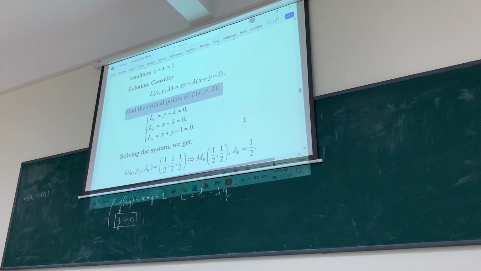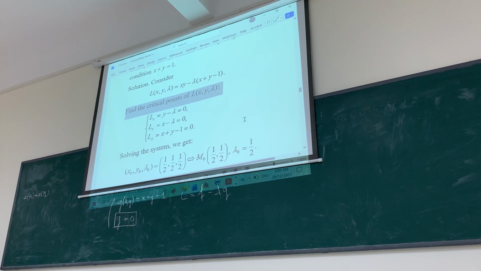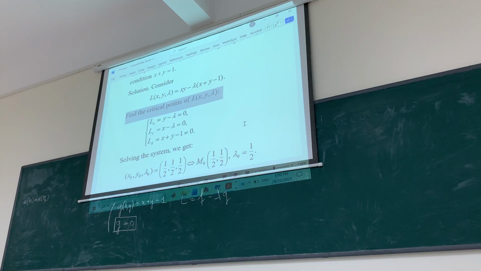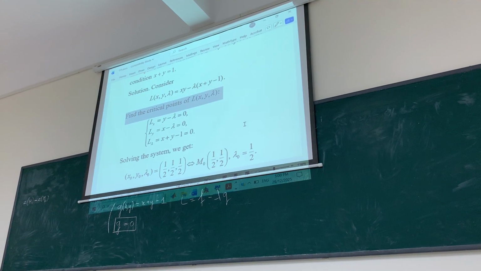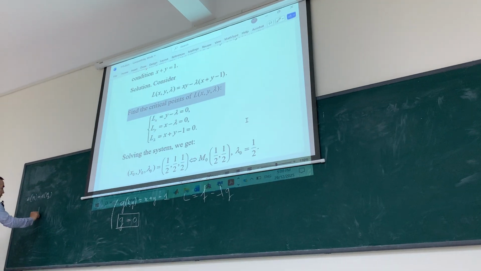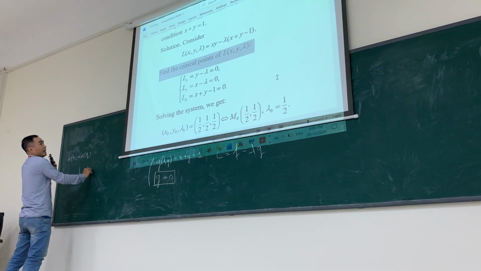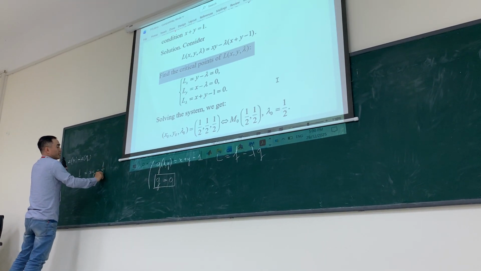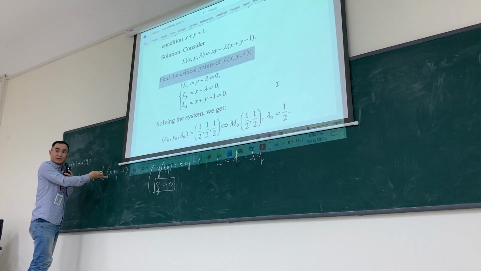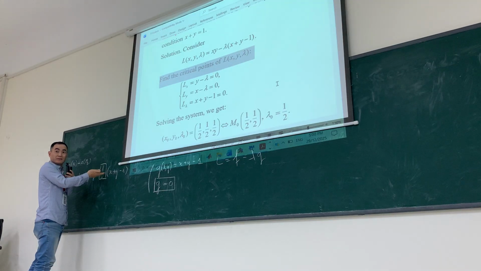Now, how do we evaluate this when we fix lambda 0? When we fix lambda 0, the function L will become xy minus 1/2 times (x plus y minus 1). We fix lambda 0.